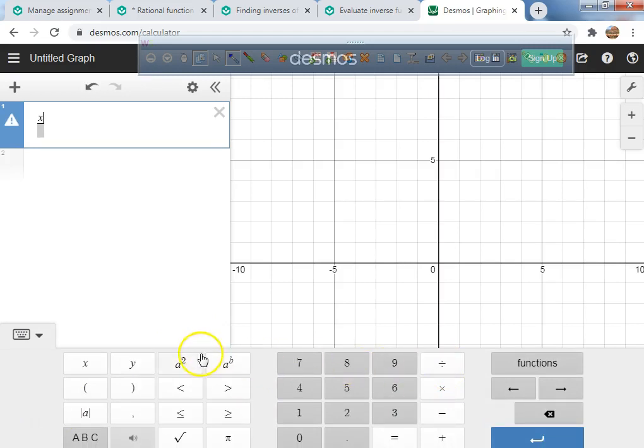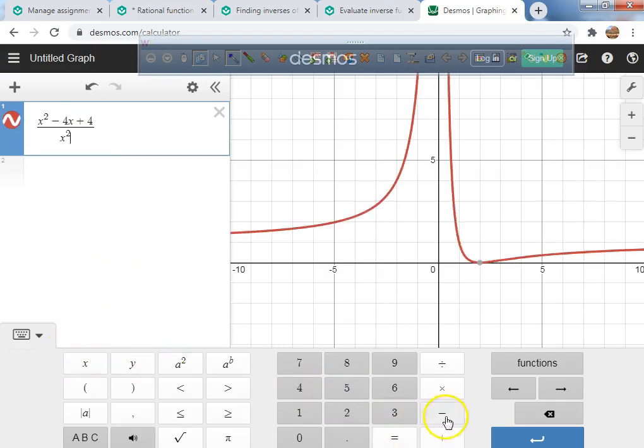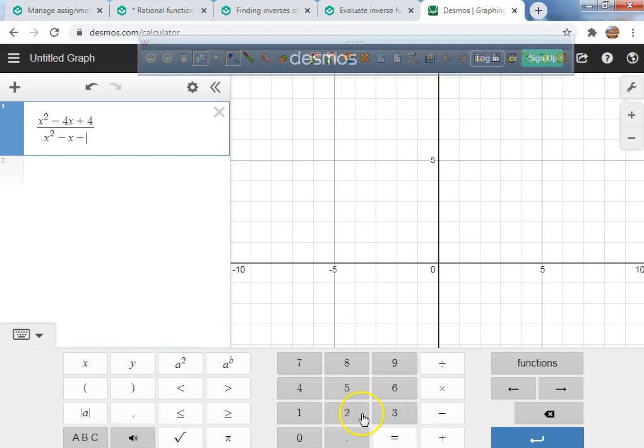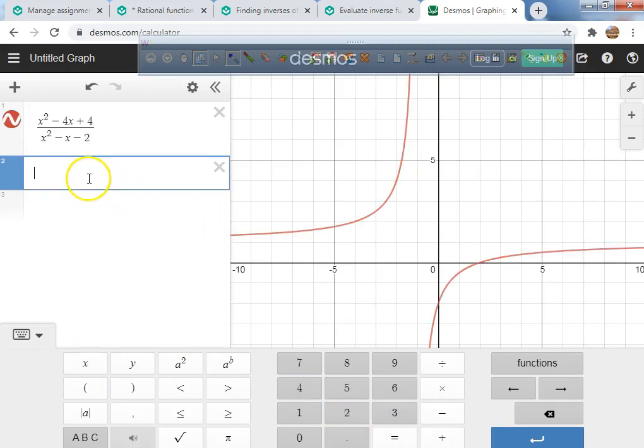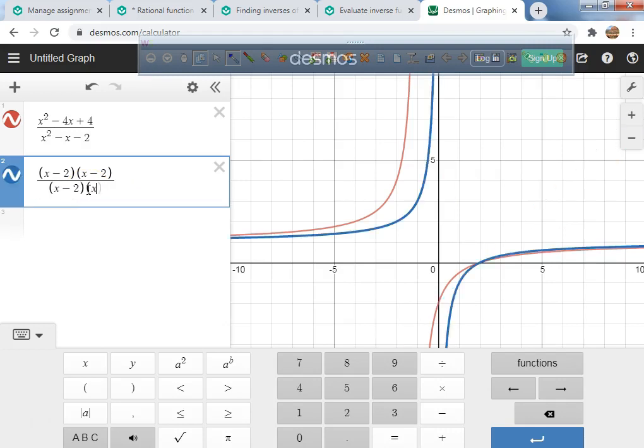It was x squared minus 4x plus 4, and in the denominator, x squared minus x minus 2. Then I'll put the factored form: x minus 2 times x minus 2 over x minus 2 times x plus 1. Hopefully you see these are the exact same graph, so I factored these correctly.